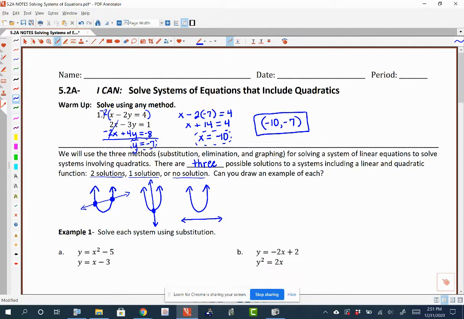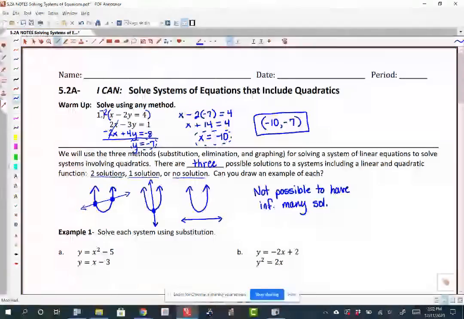So infinitely many solutions is not possible. So anytime we have a linear and a quadratic, infinitely many solutions is not a possibility. So everything that we're going to be solving today will have two solutions, one solution, or no solutions.